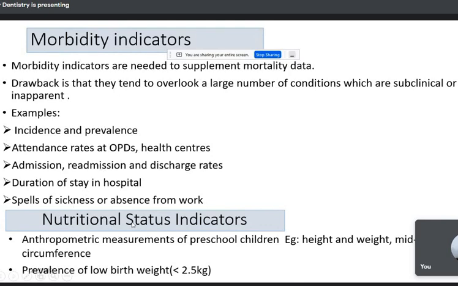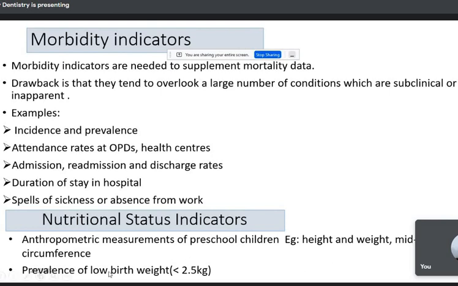The other is the nutritional status indicator. What are the indicators that show whether you are well nourished or not? Normally in school children, the height, weight, and mid-arm circumference are measured. For a certain age, the child should have a certain height, and again a certain weight. These are called anthropometric measurements. If the child has the normal values, then they are said to be well nourished, otherwise they are not.